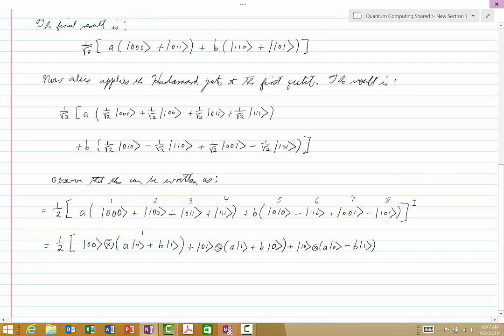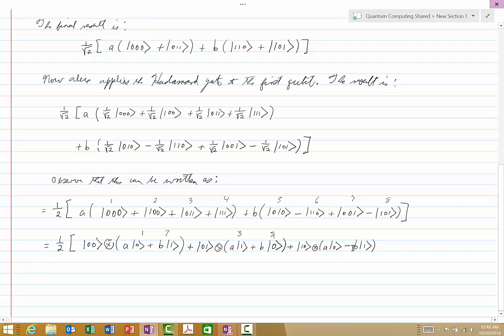And so this first parenthetical term comes from terms 1 and 7. The second parenthetical term here comes from 3 and 5.